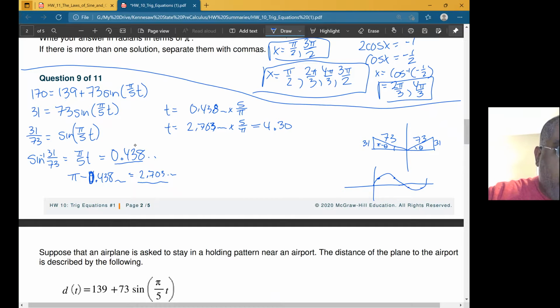And if I take my original value, 0.438, and multiply it times 5 over pi, I end up with 0.70. These are my 2 times.